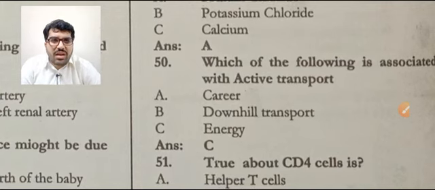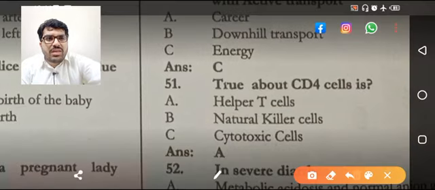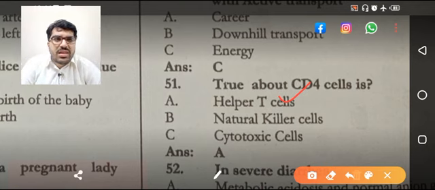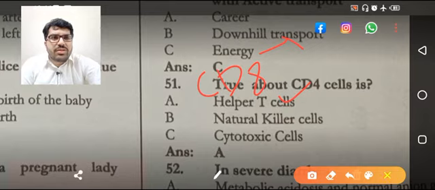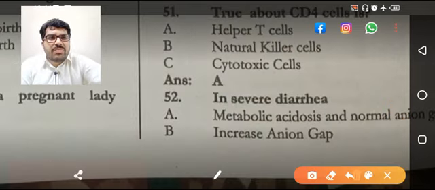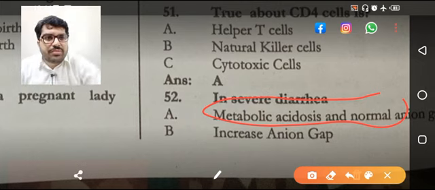The answer is energy. True about CD4 cell is they are the helper T cells, and the CD8 we discussed, they are the cytotoxic T cells. In severe diarrhea, metabolic acidosis with normal anion gap. In chronic diarrhea, there is metabolic alkalosis as a compensation.